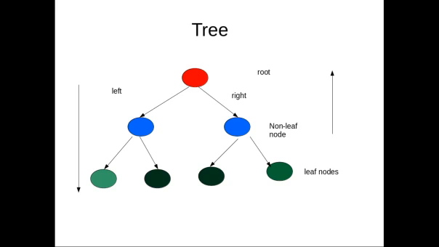The root node can have only children, a left child or right child or both, but it doesn't have any parent node. What about non-leaf nodes? You can see they have both a parent node and child nodes, and a leaf node doesn't have any child node but does have a parent node.